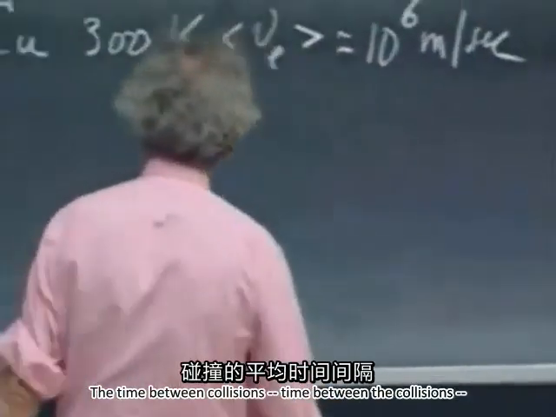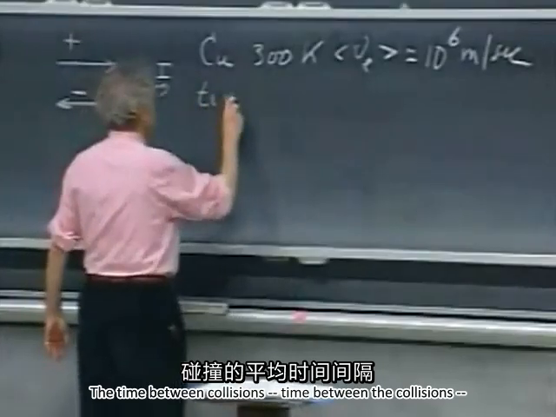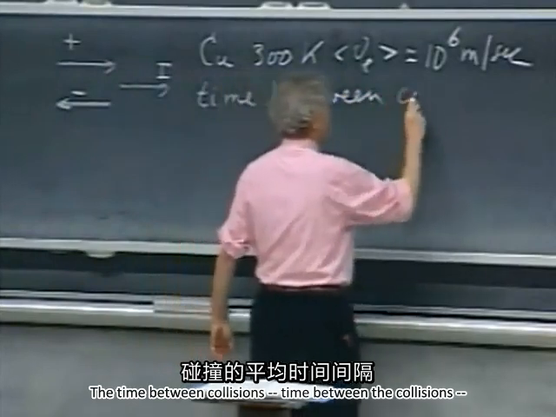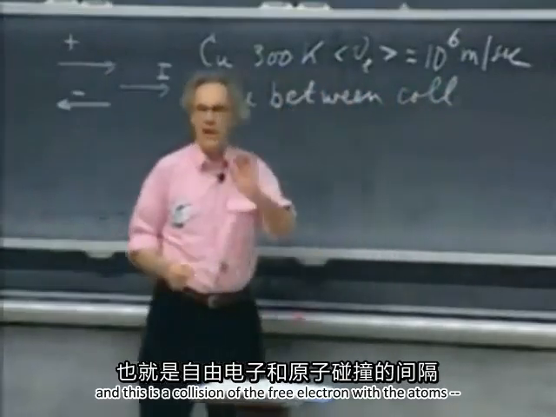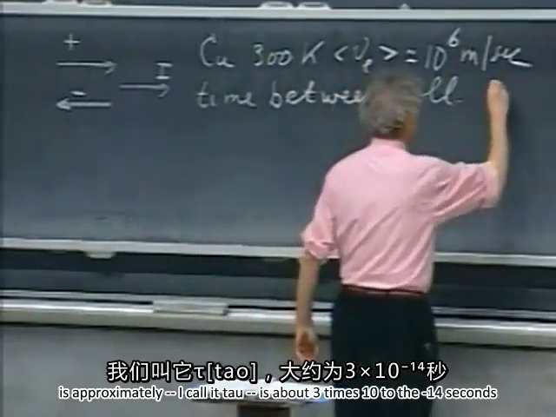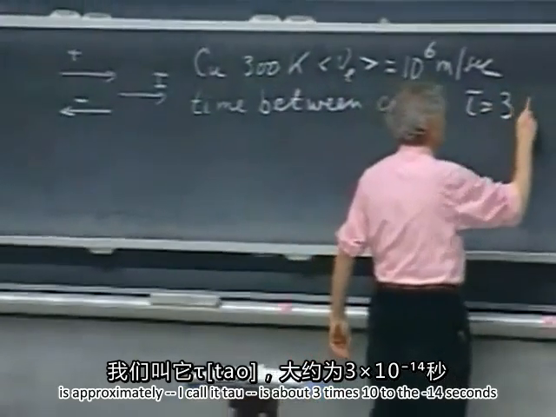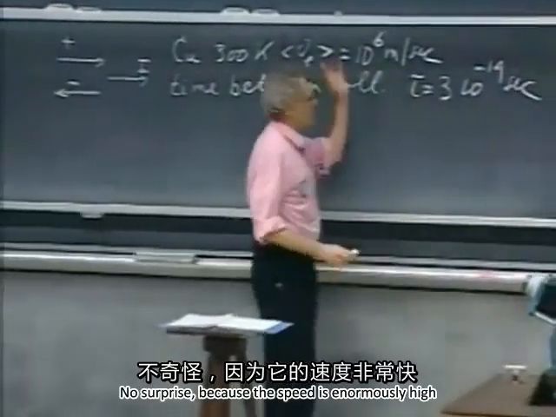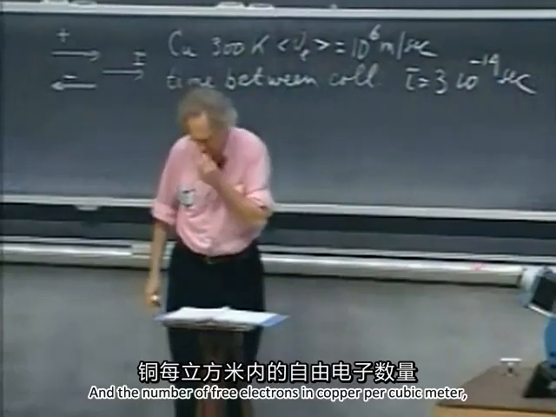The time between collisions, and this is a collision of the free electron with the atoms, I call it tau, is about 3 times 10 to the minus 14 seconds. No surprise, because the speed is enormously high.